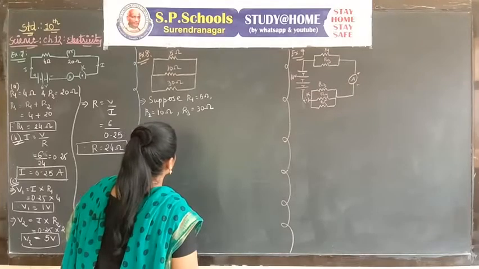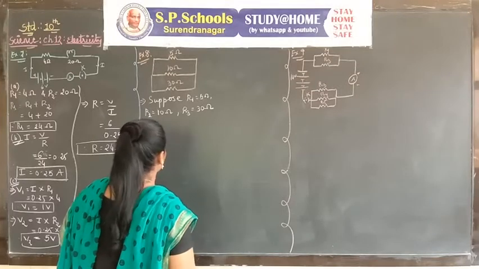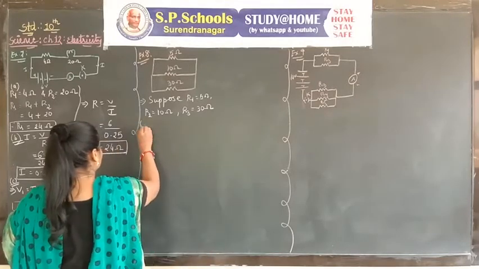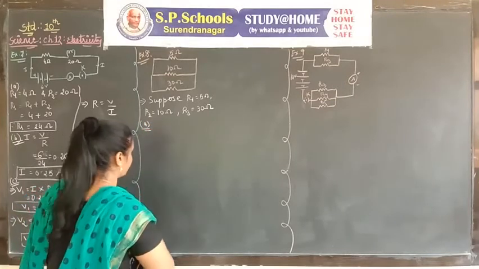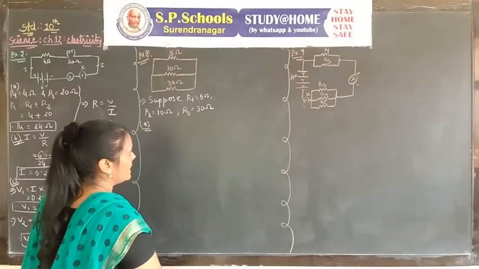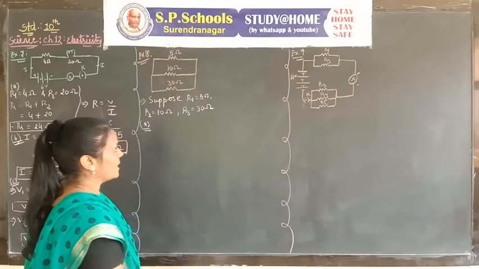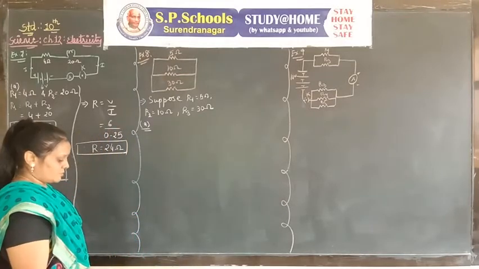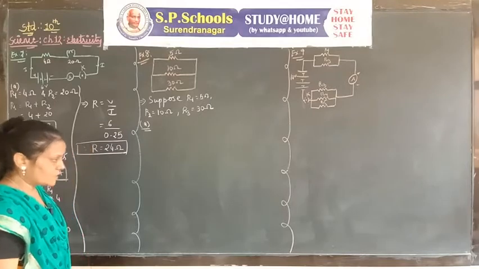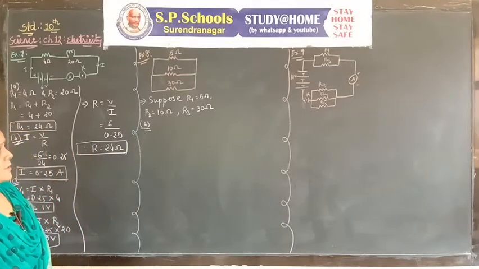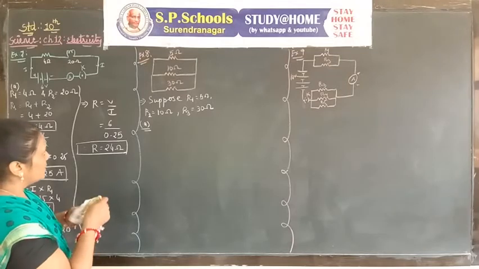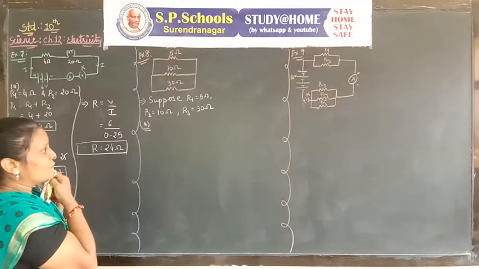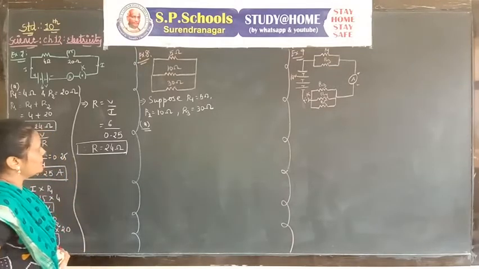In case of A, we find the current passing through each resistance, all 3 resistances. We use Ohm's law to find the current.